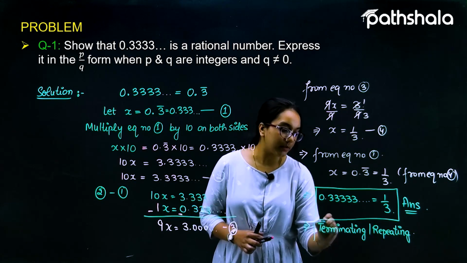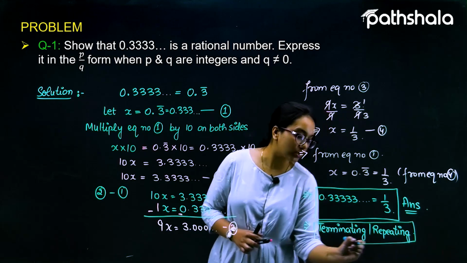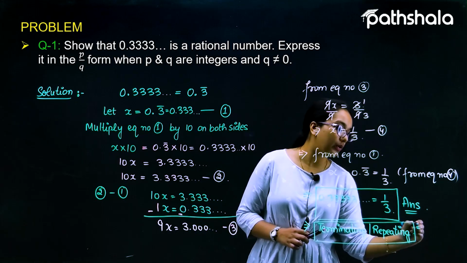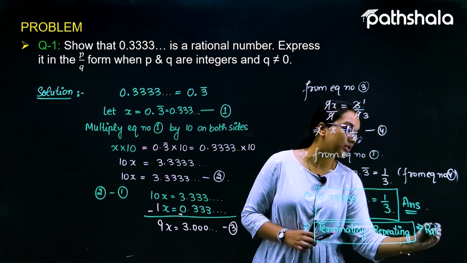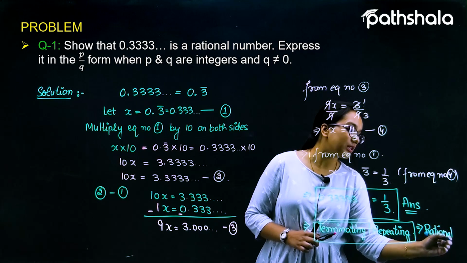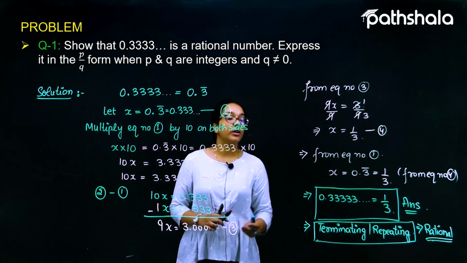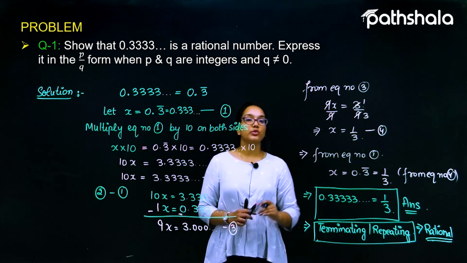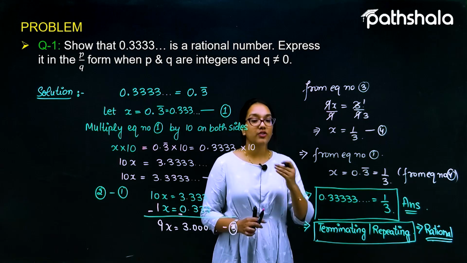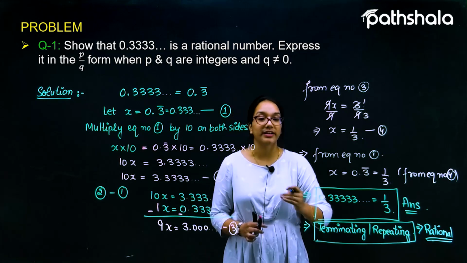If the number is repeating in this way, such numbers are called rational numbers, because we have already discussed that whenever the remainder is either 0 or the digits repeat, such numbers are called rational numbers.